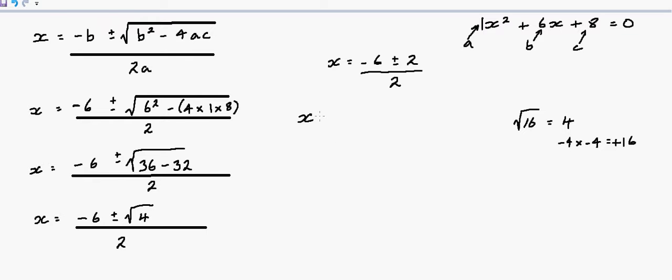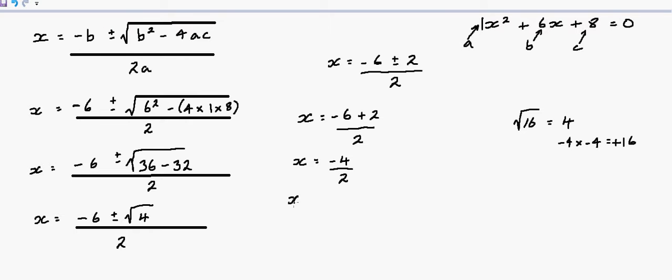So x equals minus 6, so let's say we take the plus 2 this time, and that's over 2. Okay, so x equals, so again think bank account, you're £6 overdrawn, you add £2 to your account, you're now at minus 4, and again that's over 2.